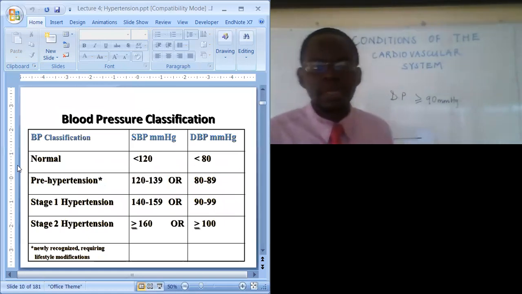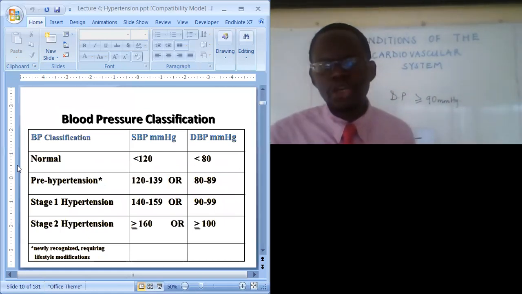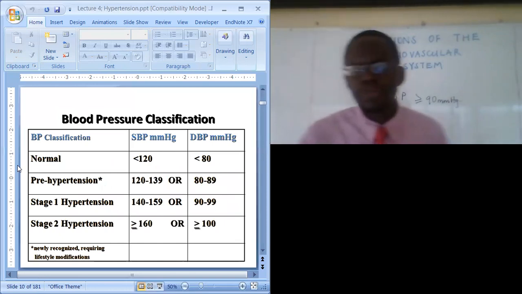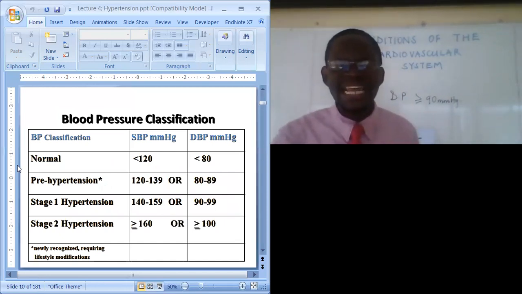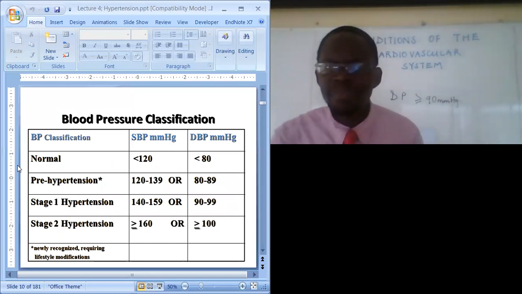Now, let us look at the classification of blood pressure. Blood pressure is basically classified into those 4 types, as you can see.